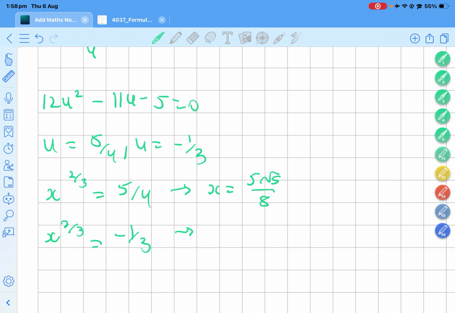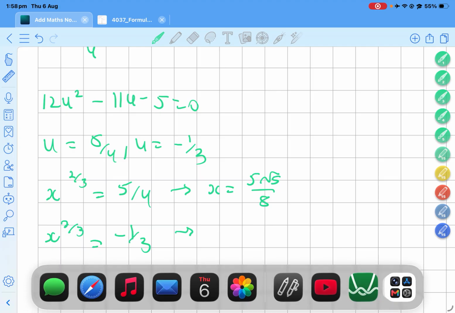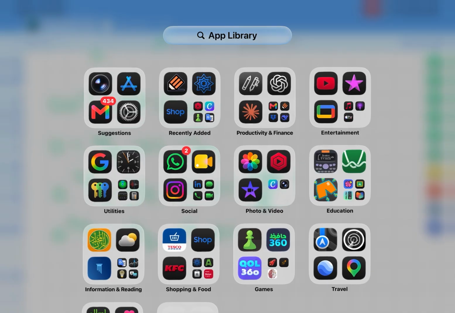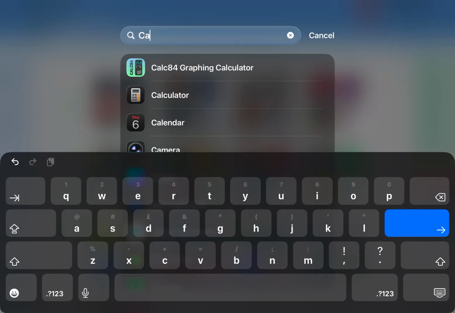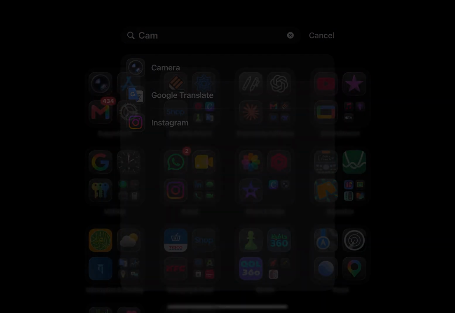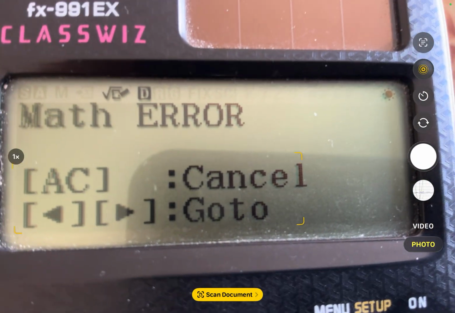So now, here's where the problem occurs. If you cube it, okay, but the square root of negative numbers is technically not solvable. So x is going to be equal to this, which is a math error.